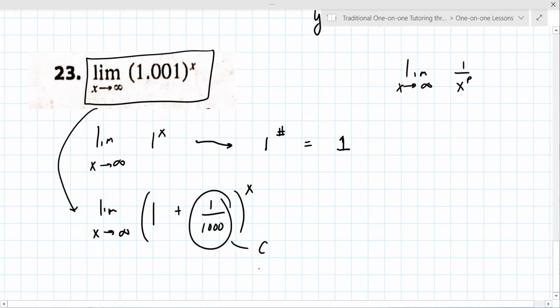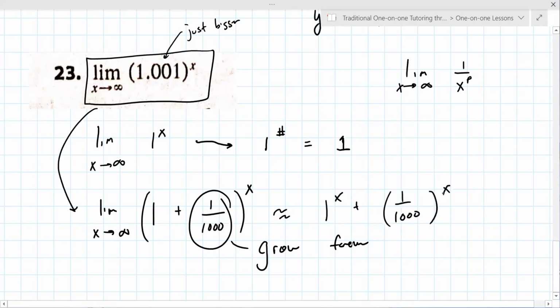Because the number inside is just bigger than 1, this thing grows forever. We know 1 to the x goes to 1, but the 1 over 1,000 part just goes forever. It's always getting a little bit bigger each time.